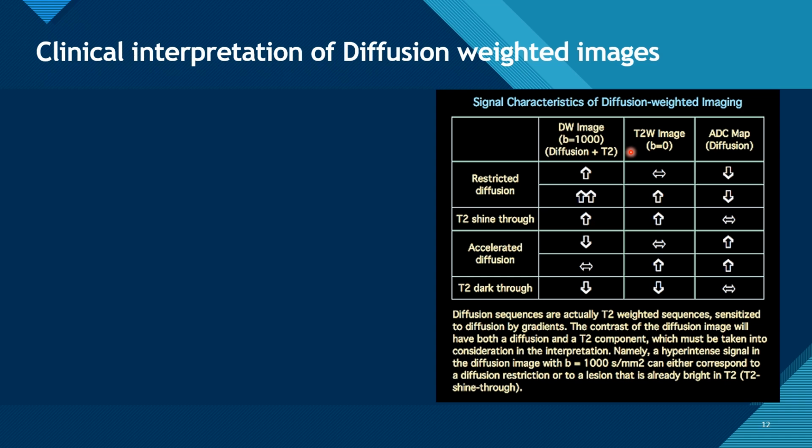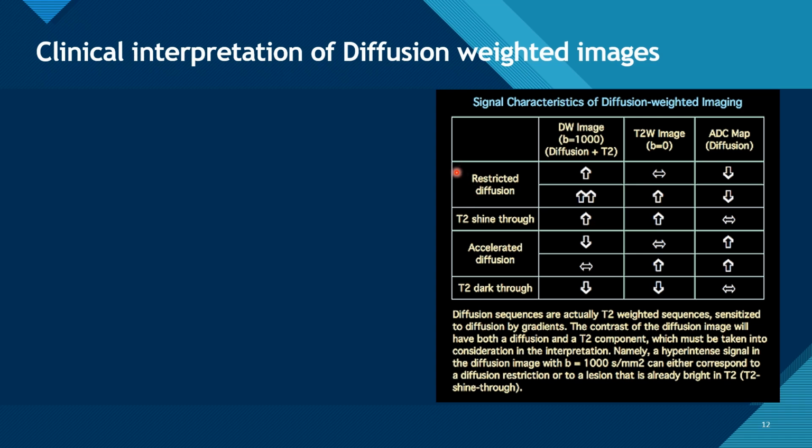The 3 images that we need to interpret diffusion-weighted images are the T2 weighted image, which is the equivalent of a B0 image; the diffusion weighted image, which is usually an intermediate or high B value image, which, as a reminder, has a combination of T2 weighted and diffusion weighted effects; and the ADC map, which only represents the amount of diffusion within the tissues.